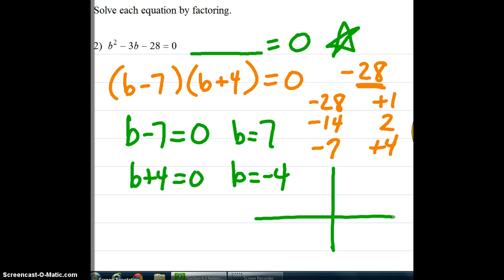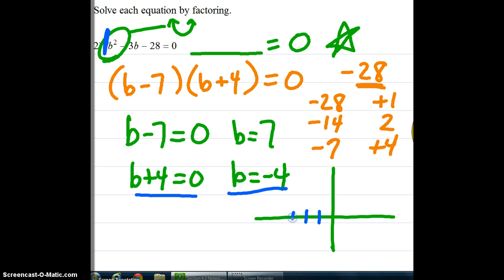What you're finding when we're graphing this, remind yourself again that this should be a parabola because we have an x squared, or in this case a b squared. This is a parabola that points up because the coefficient in front of the squared is a positive 1. And what we just found are the zeros or the x-intercepts.